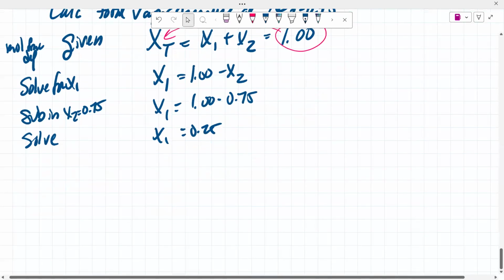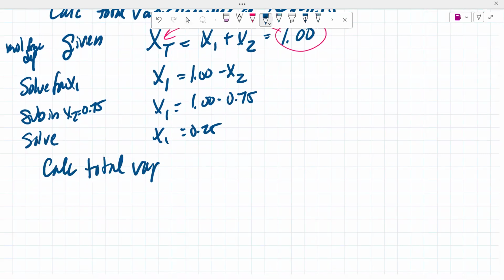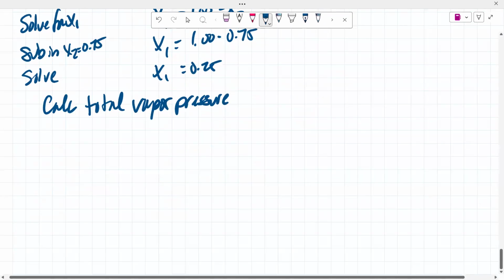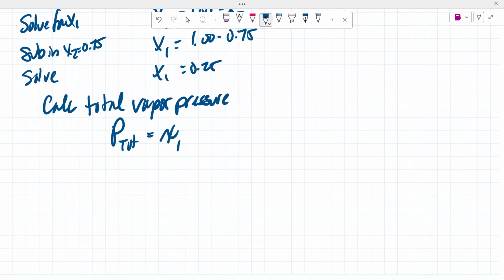All right, but we're not done yet because we need to calculate the total vapor pressure. So how do we do this? The total equals chi1 P1 star plus chi2 P2 star.